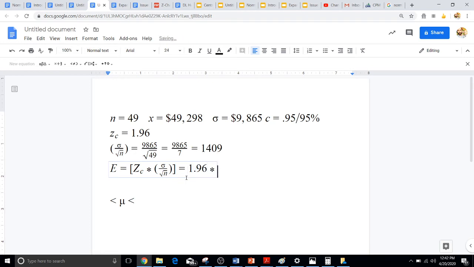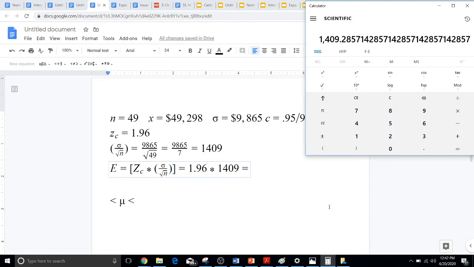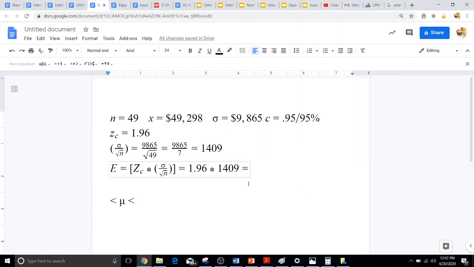We're going to multiply that by 1409, and we find that equal to $2,761.64. Let's round that to 2762. And we now have our margin of error.